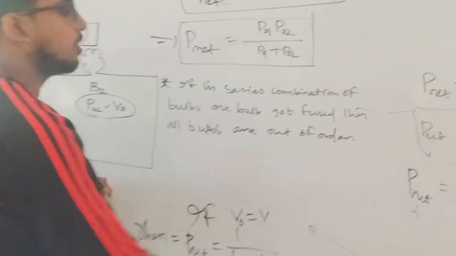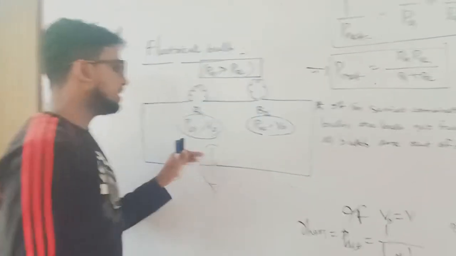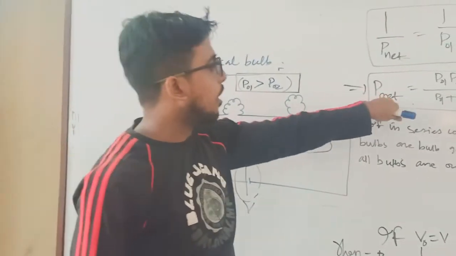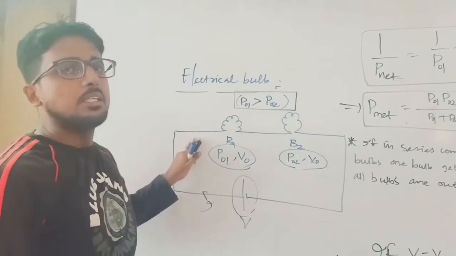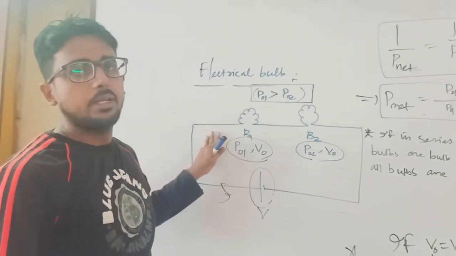There is no use of the other bulbs. So this is the calculation for equivalent power in a series combination when bulbs are connected in series.